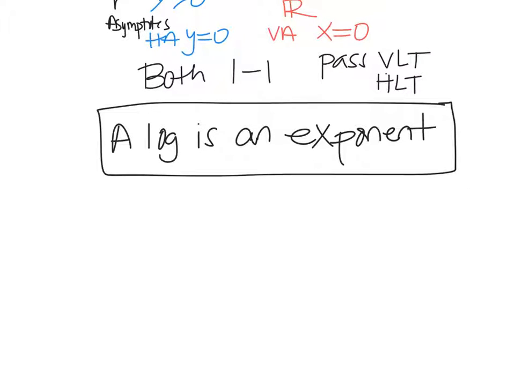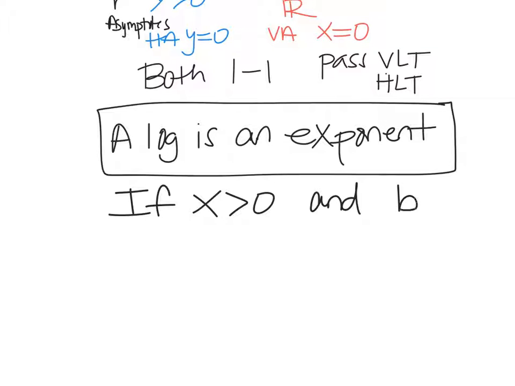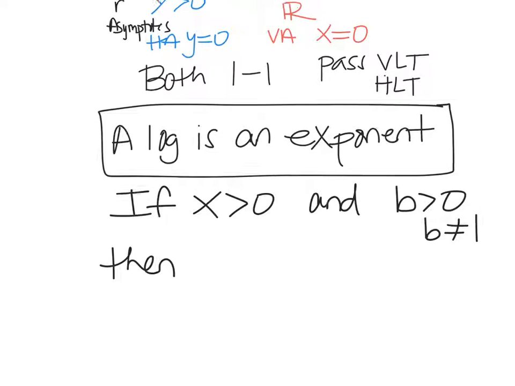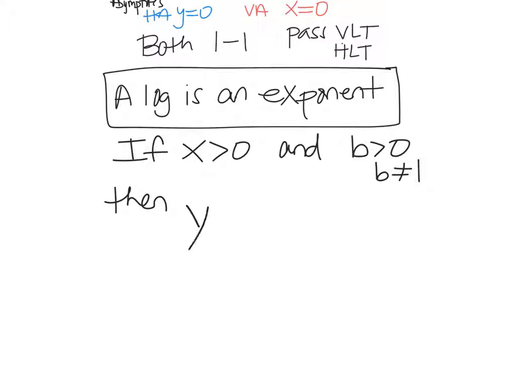It says this. If x is greater than 0 and b is greater than 0 but not 1, okay? Then we say that y is the log of x with base b.